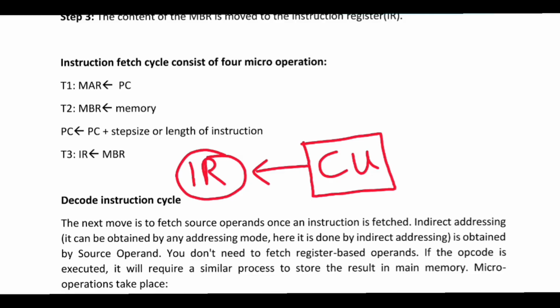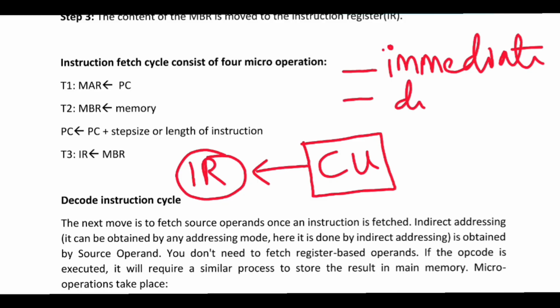Okay, if the instruction is in immediate addressing, I have discussed addressing modes, then we have both the operand value and the opcode, all information about the operation.